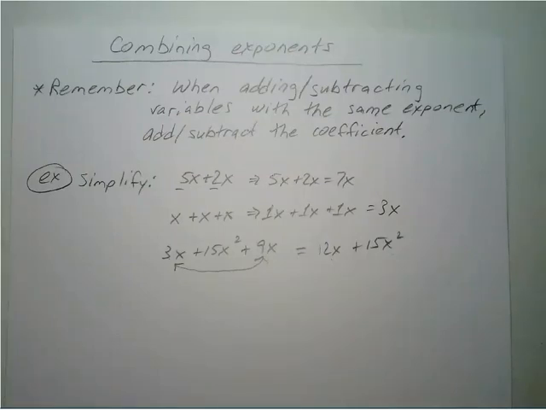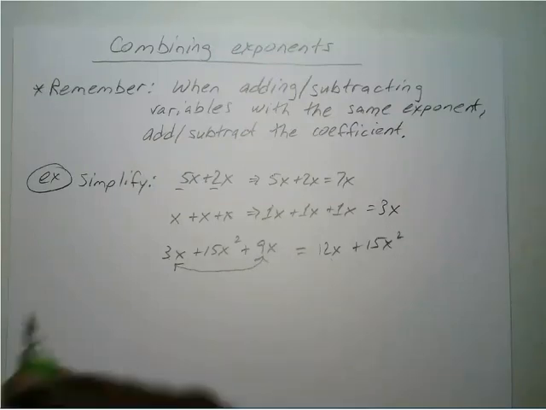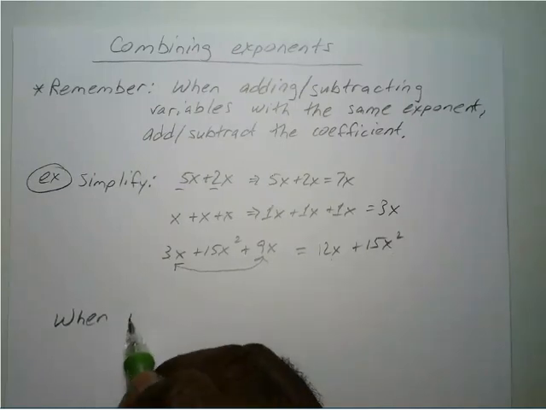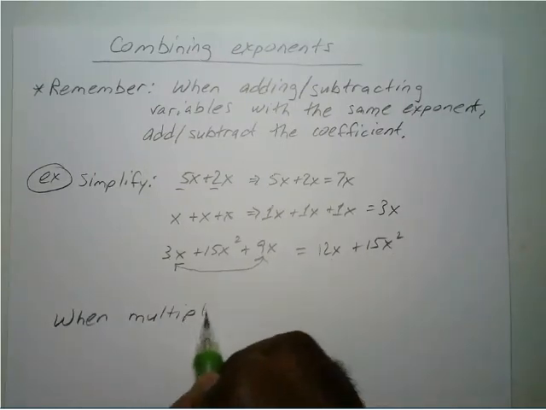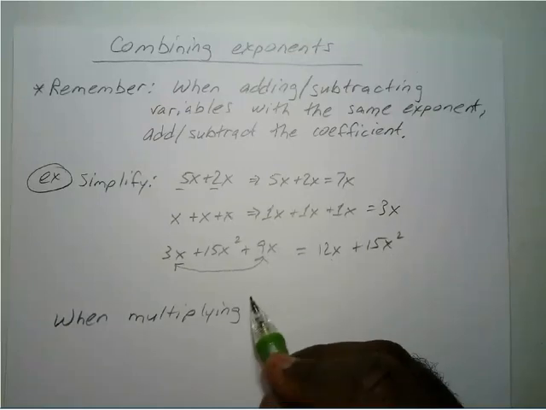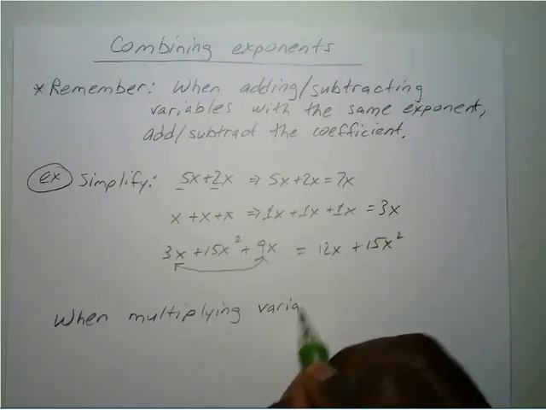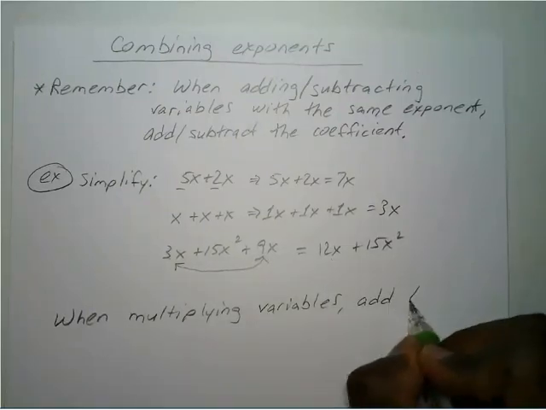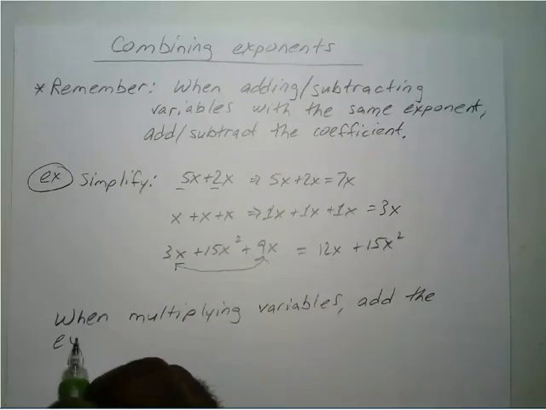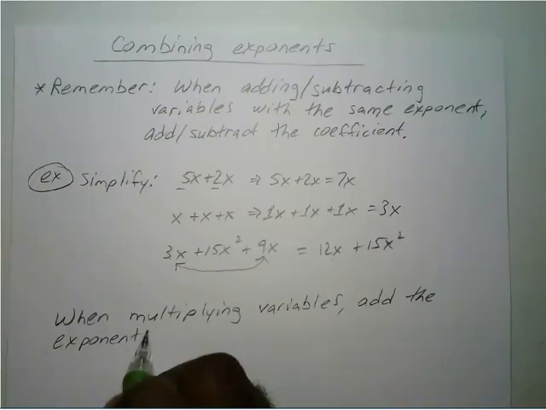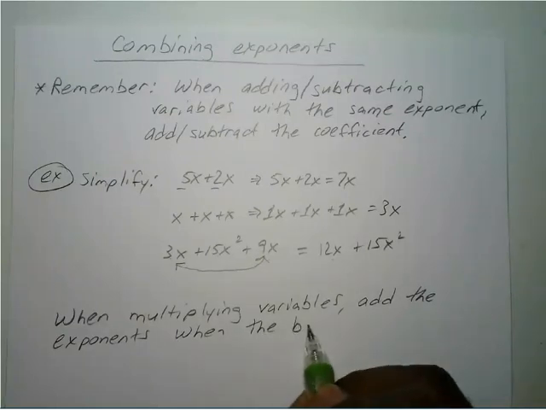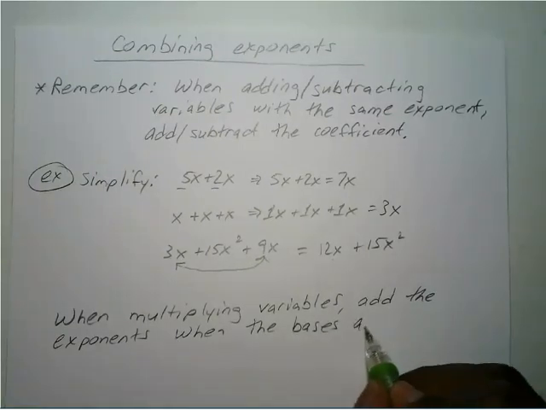Now when you're multiplying, the exponents don't have to be the same. When multiplying variables, add the exponents when the bases are the same.